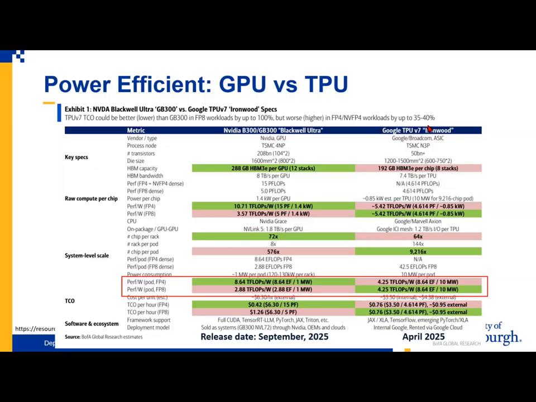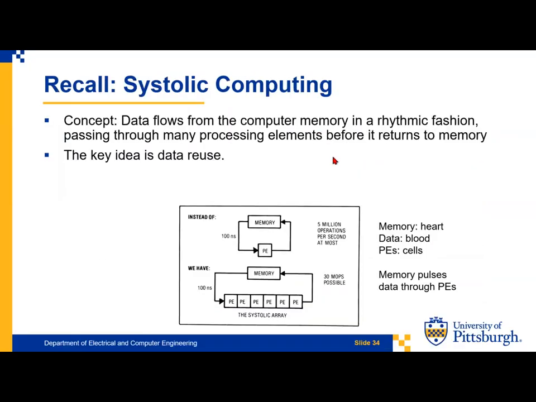Inside the TPU is the systolic array implementation. So recall again, the systolic computing concept is that data flows from the computer memory in a rhythmic fashion, passing through many processing elements before you return to memory.